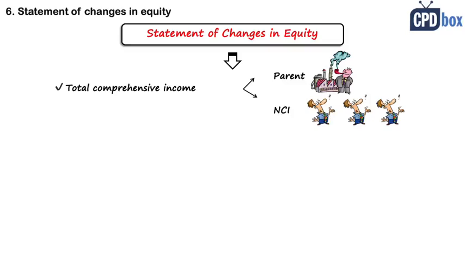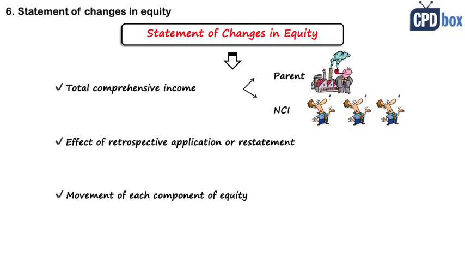Effects of retrospective application or restatement are recognized according to IAS 8, and for each component of equity separately, a reconciliation between the carrying amount at the beginning and at the end of the reporting period. And here we must disclose separately changes resulting from the profit or loss, other comprehensive income, and transactions with owners, such as contributions from owners, distribution of dividends, and similar.